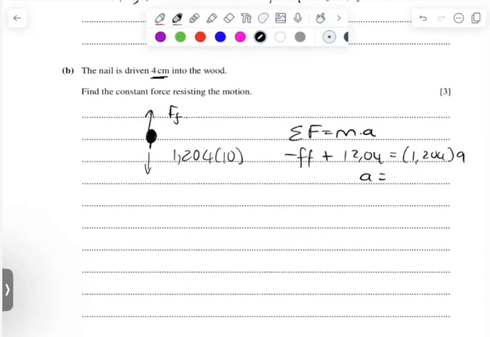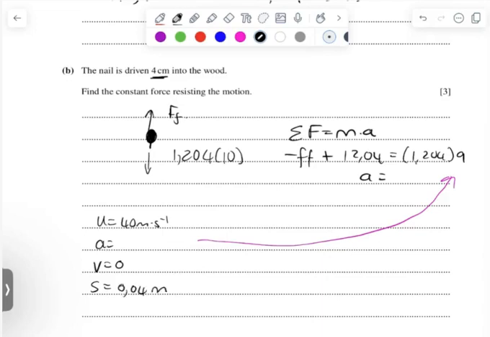Now we know it's starting with a speed of 40 meters per second. We're going to want to work out the acceleration because then we can plug it into this formula. Our final velocity is 0 because it becomes stationary after 4 centimeters. 4 centimeters divided by 100 is 0.04 meters.